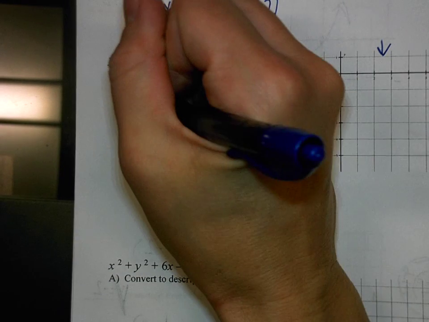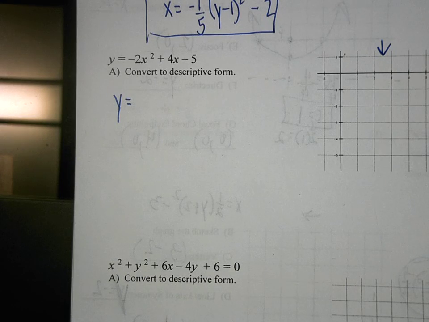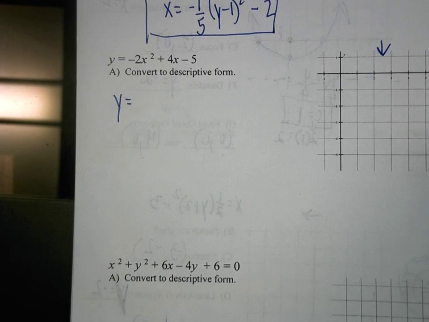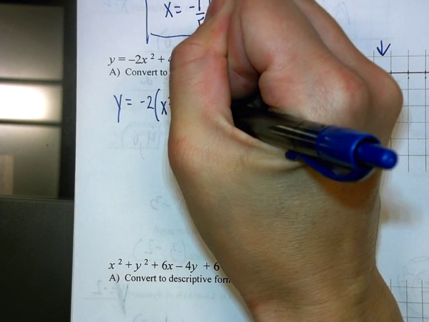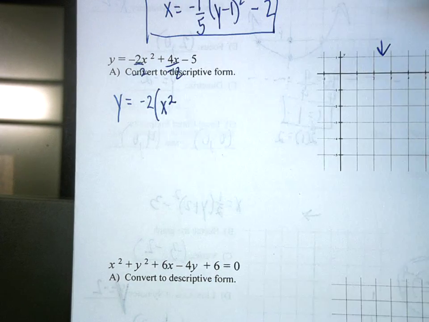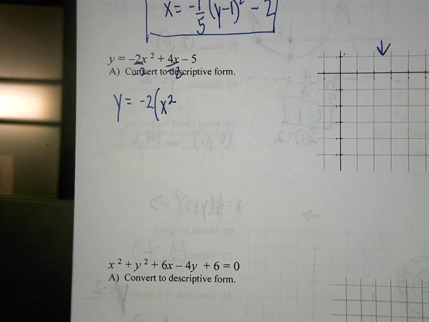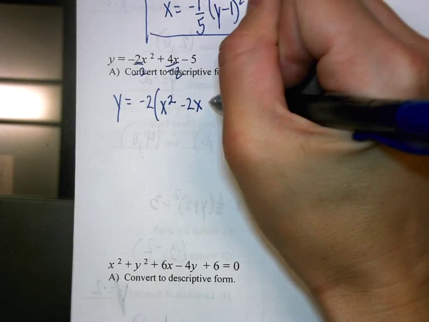So in order to put it in the correct form, we have to do what? Factor out a -2. So I get x squared, and we are dividing each of these by -2. And so what do I end up with? What's 4 divided by -2? -2x plus blank.